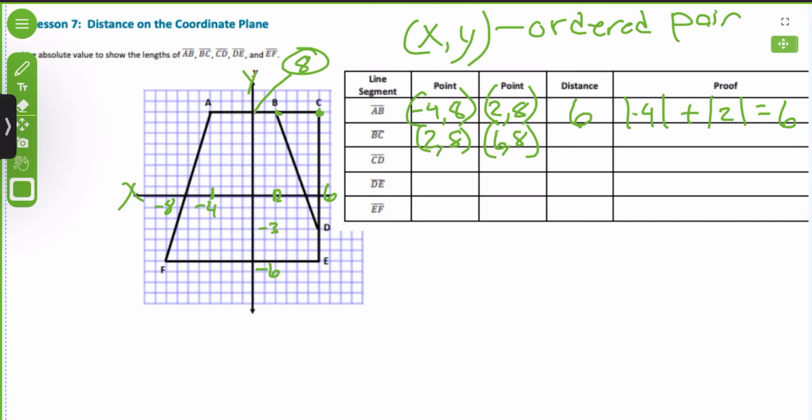So if I add 2 and 6, I get 8, correct? Is that line 8 units long? So what is it? 4. Now, why did we add on the first one, but we're going to subtract on the second one?